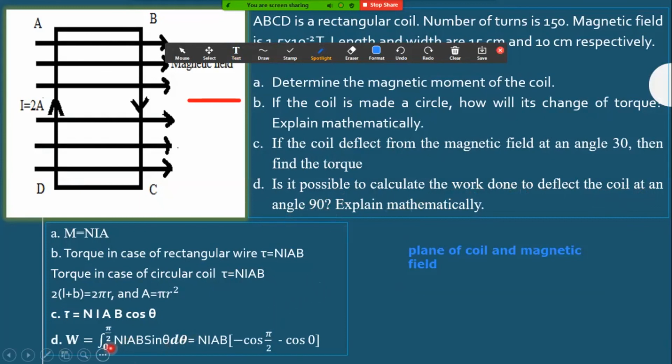We have to integrate W is equal to the integral of tau d theta, from 0 to pi by 2, or 90 degrees. After solving this, we will get the amount of work done. For your betterment, I have solved it here.